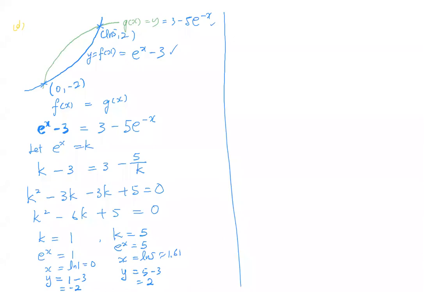So the important features are the first one that we get from part B, the limiting value, or we call it the horizontal asymptote.